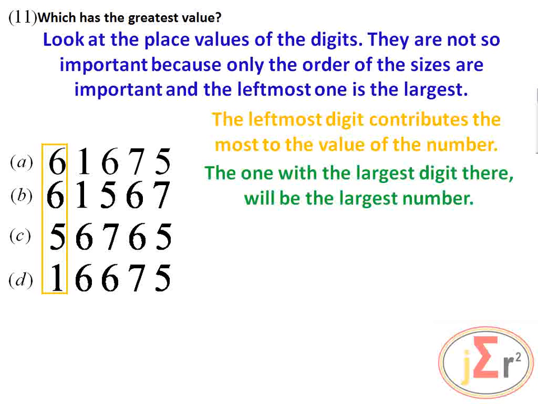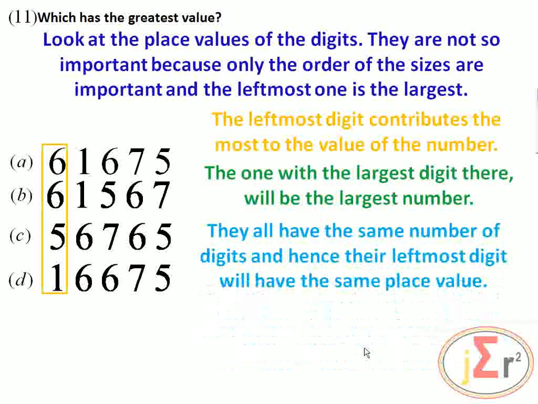So we cannot just look at those leftmost digits and come to a conclusion as to which number is the largest. But what we can do is, because we have 2 other leftmost digits that are smaller than these, we are sure that these cannot be the largest number.